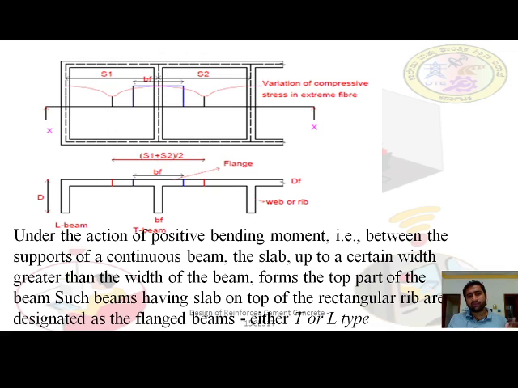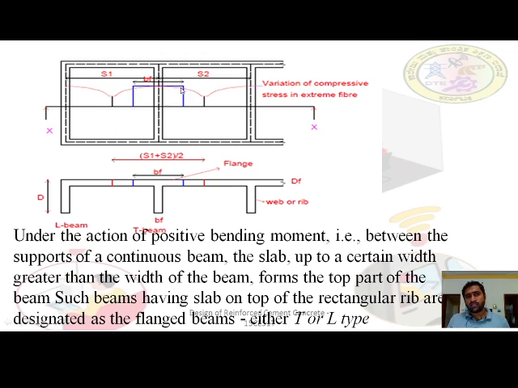But we are going to define an effective width of the T beam. Why? Because the stress variation here is complex. It is not uniform and not linear, so it is difficult to calculate the amount of stress. In order to calculate the stress, we make an assumption that in the effective width BF, the stress will be acting uniformly.